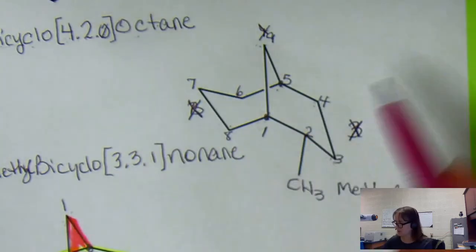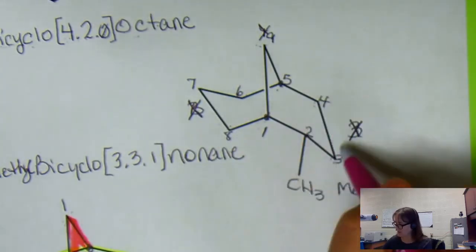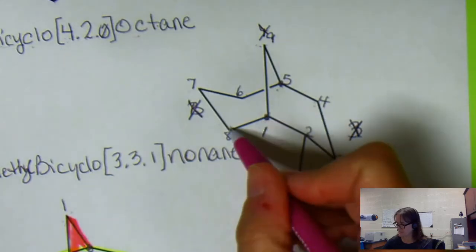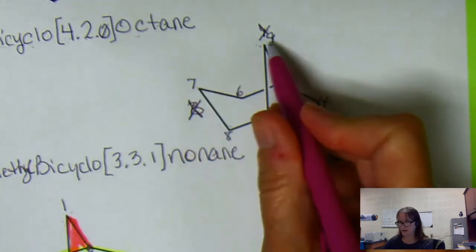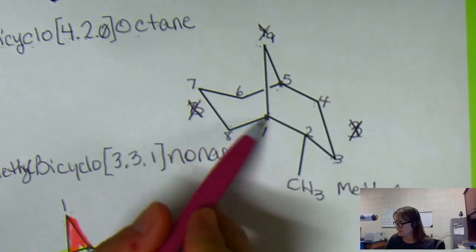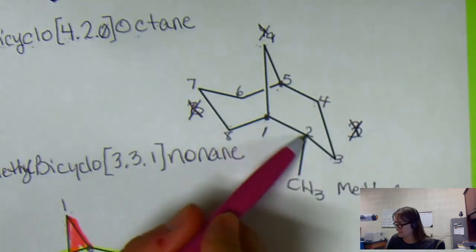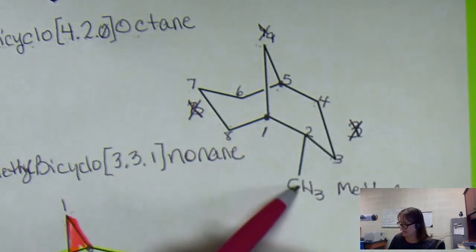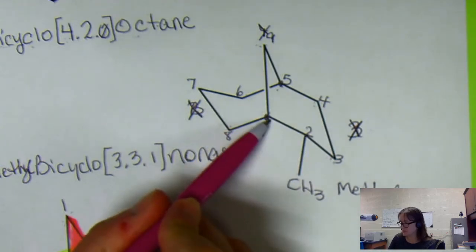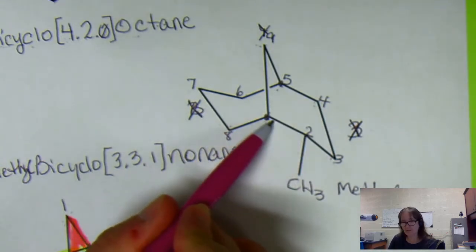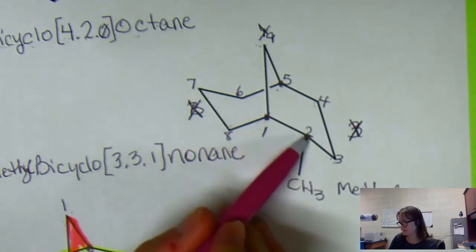If I numbered it the other way, it'd be 1, 2, 3, 4, 5, 6, 7, 8, 9. Since this group here is closest to this bridge, I'm going to number it because I have a choice. I'm going to number it to give me the smallest number.